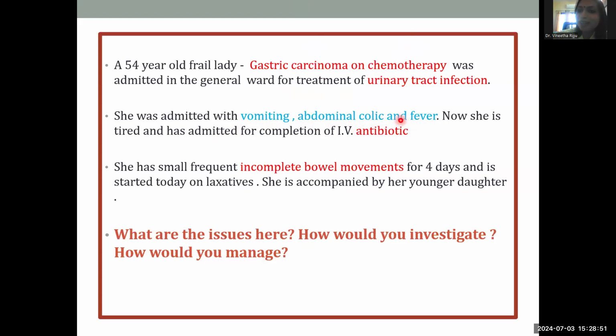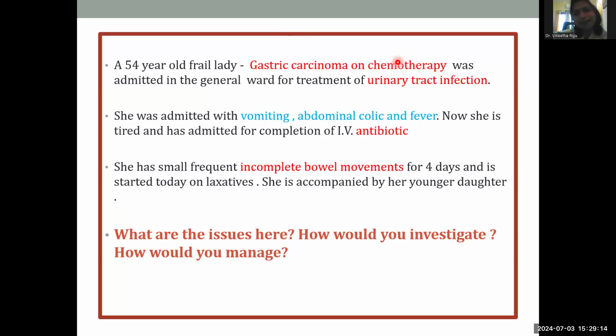Vomiting, abdominal colic and fever. What are the reasons? Yes? It could be because of the constipation per se. Yes. It could be because of the infection. Yes. So it could be anything, right?